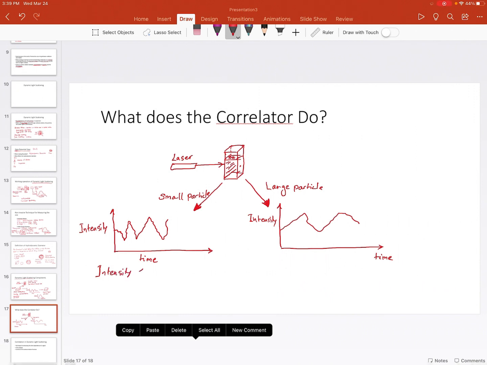So I'm going to write here: intensity will fluctuate rapidly, and in this one intensity is fluctuating in a longer time scale.